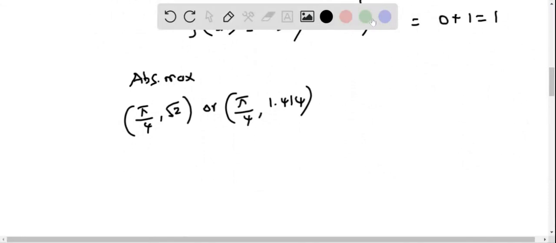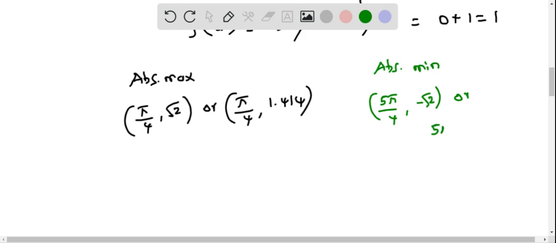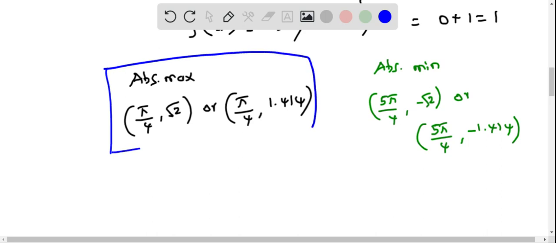So the coordinate of the absolute minimum is 5 pi by 4 comma negative root 2, or we can represent this negative root 2 in decimals as 5 pi by 4 comma negative 1.414. So these are the coordinates of the absolute maximum and absolute minimum.